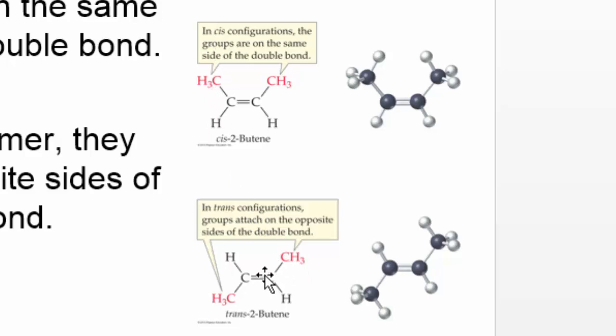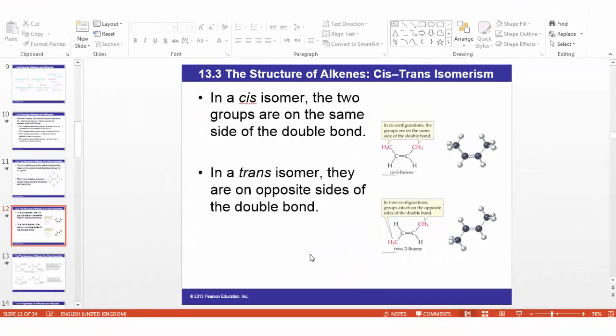However, if the 2 substituents are opposite to each other, trans means opposite. And you can look at the model here. You see, 2 methyls cis, 2 methyls trans. So this is called cis-trans isomerism.